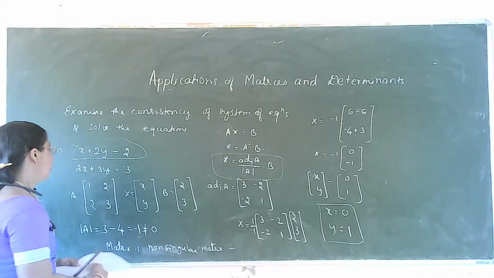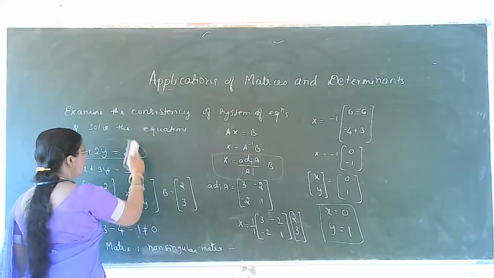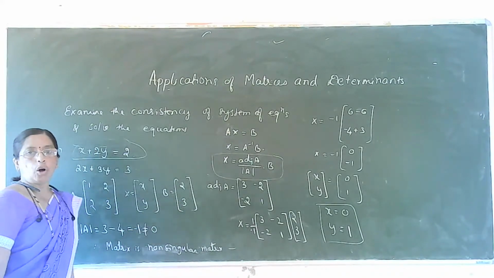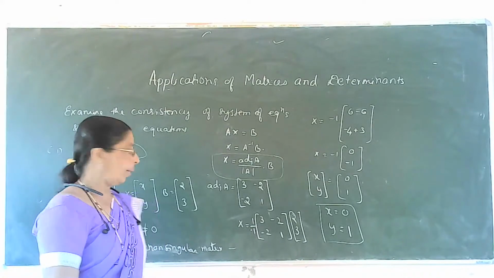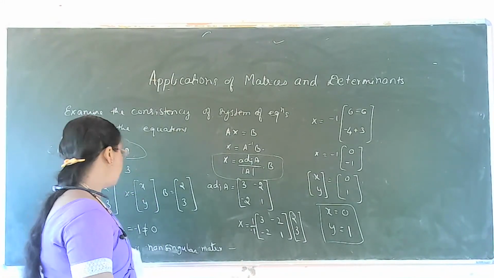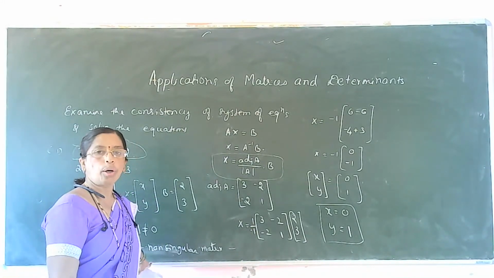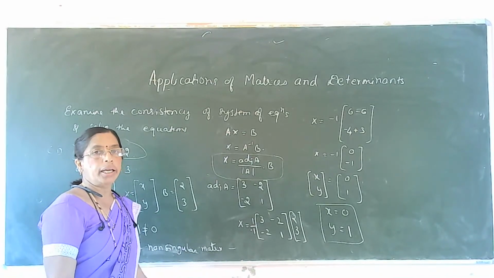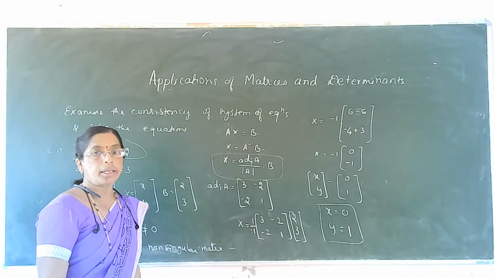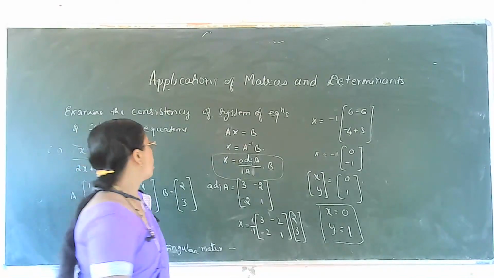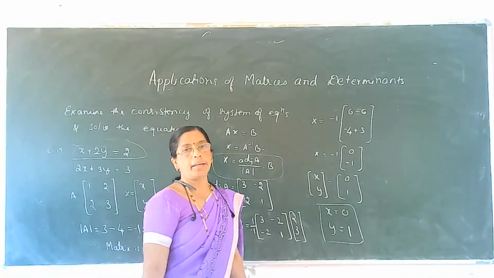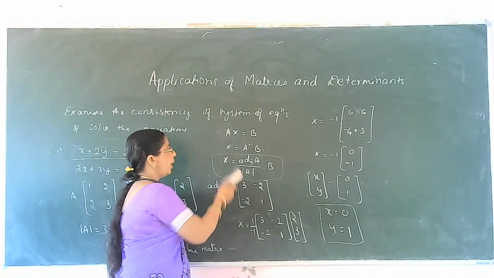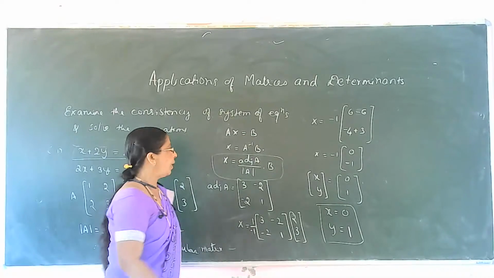Then B is the matrix having d1 and d2. Then find whether the determinant of A is equal to 0 or not. If it is non-singular, A inverse exists and it has a unique solution. Then we find the solution by X is equal to A inverse B.